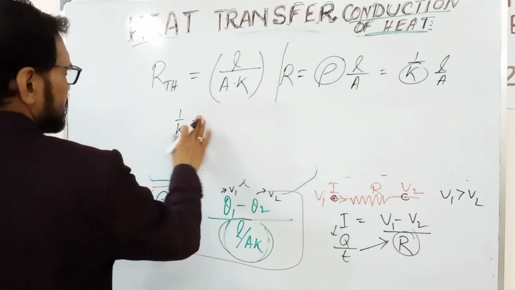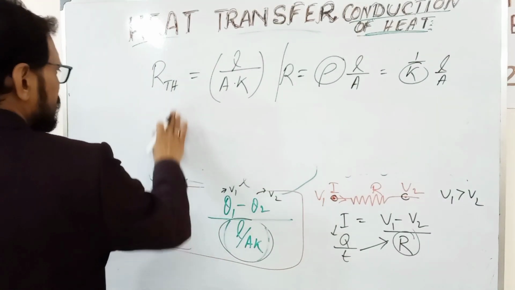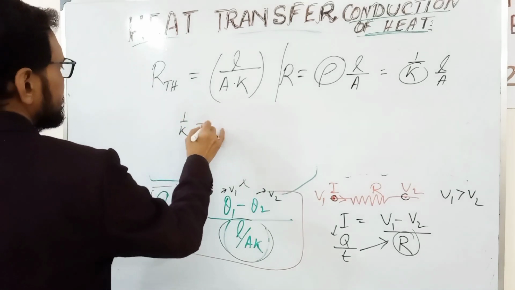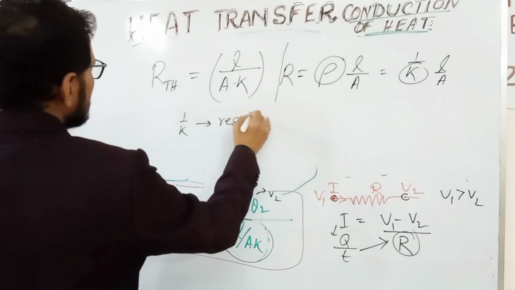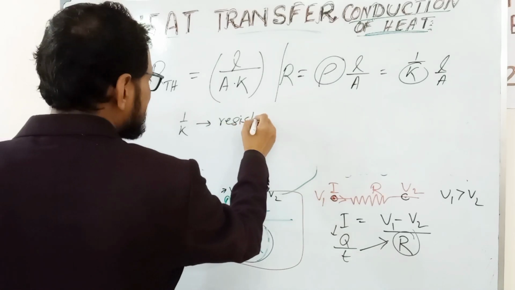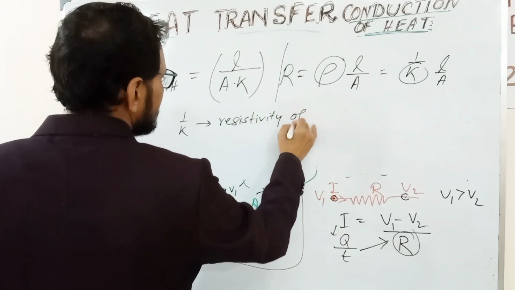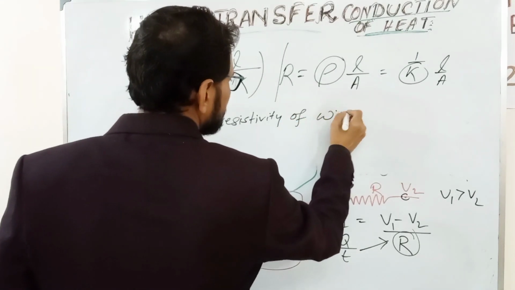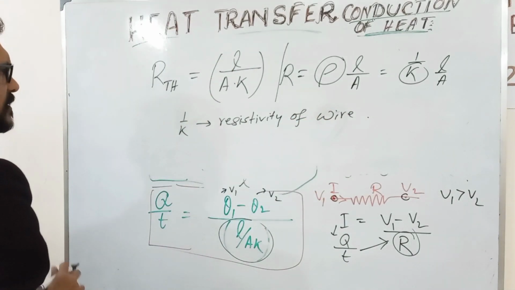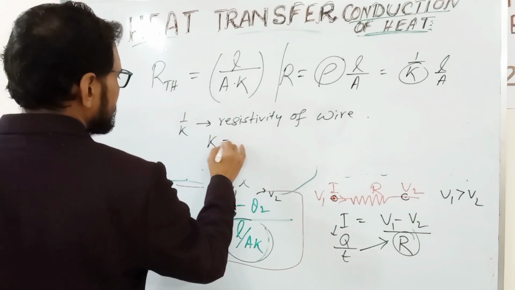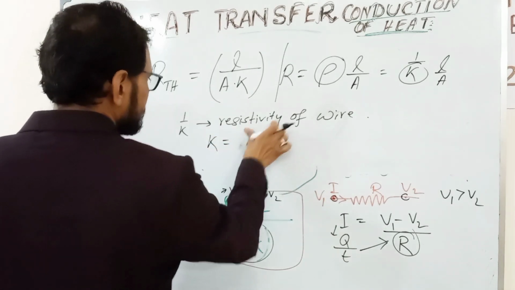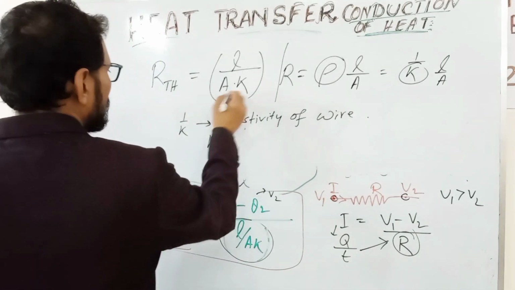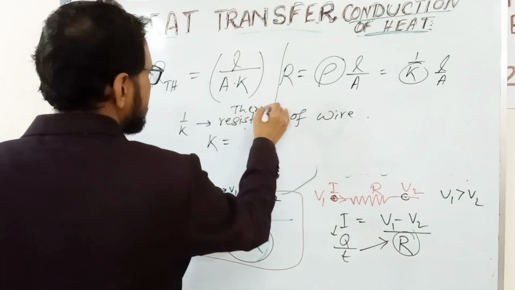K is called conductivity, and the reciprocal of conductivity is called resistivity. So 1 by K is the thermal resistivity of the wire.